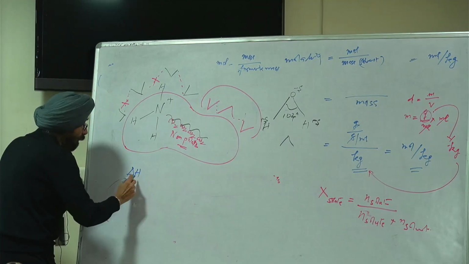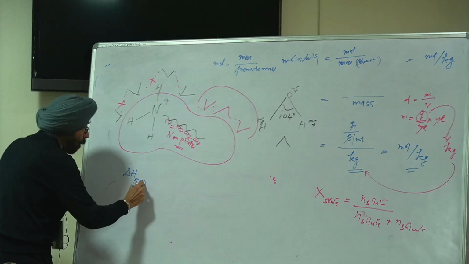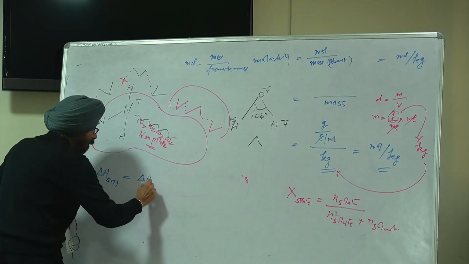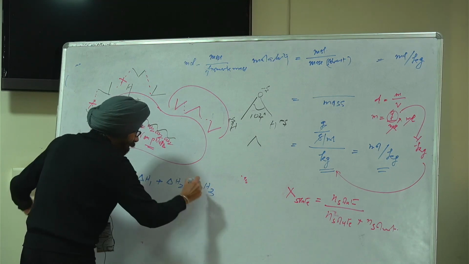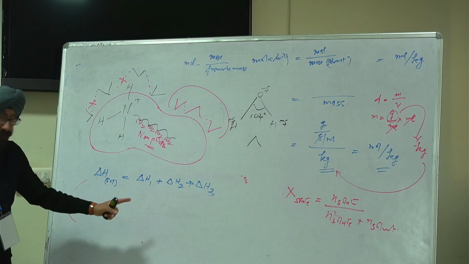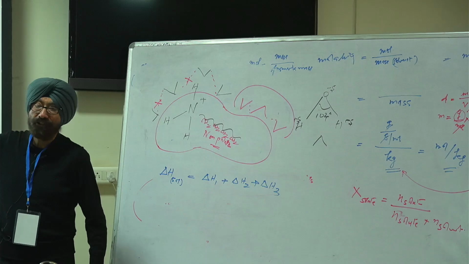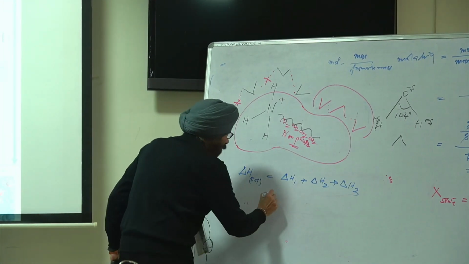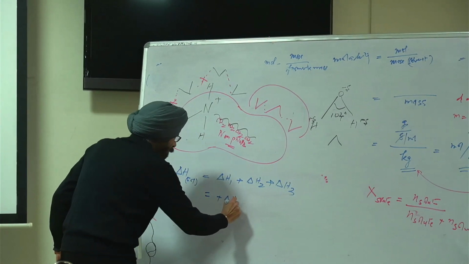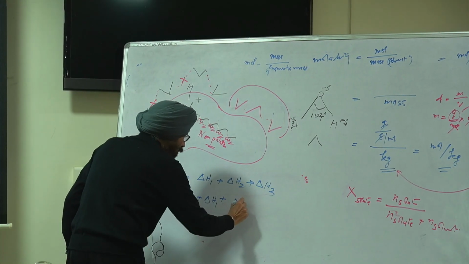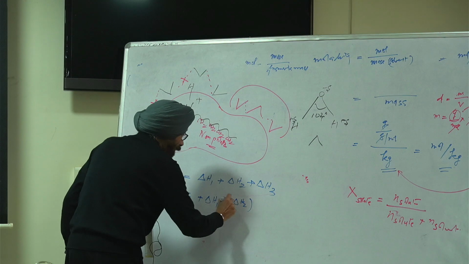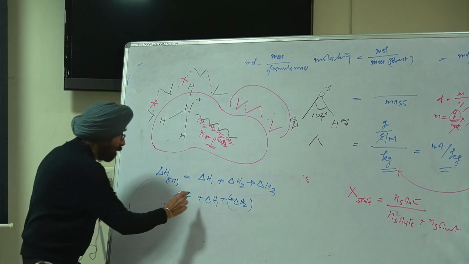If I have to calculate the delta H of solubilization, it means that I have delta H1, delta H2 and delta H3. Now, what is the phase diagram saying? The phase diagram is saying that delta H1 is plus and delta H2 is also plus. It's endothermic, right?